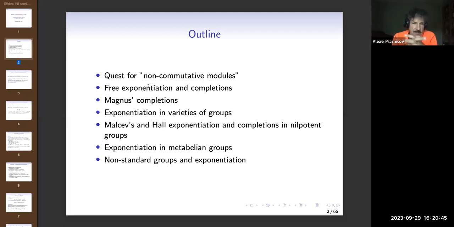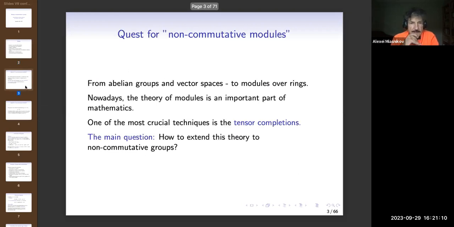Then we'll define the main operation, its tensor completion. And then we'll do some examples, Magnus completions or Lyndon's completion, then Hall's completion. And the idea is to see how this tensor completion relates to all these known completions. Is it natural or not?